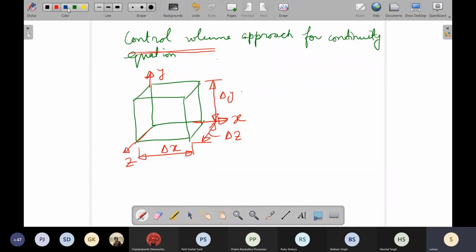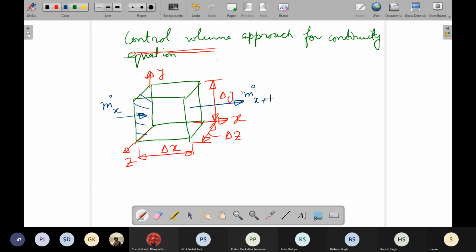So now let us think about the mass flux. You have, say, m dot x, the mass flow rate along x, through this face.